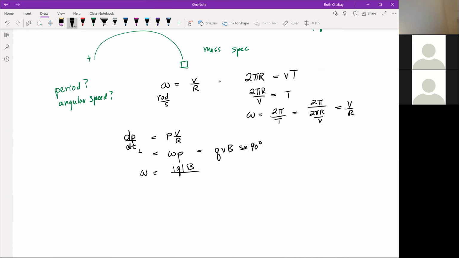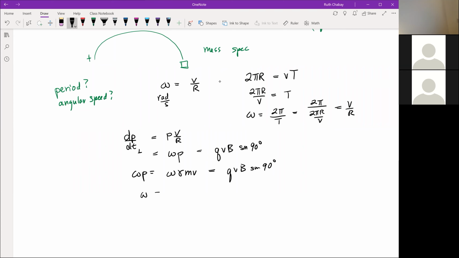Notice that omega times p is equal to omega times gamma mv, and that's equal to qvB sine of 90 degrees.